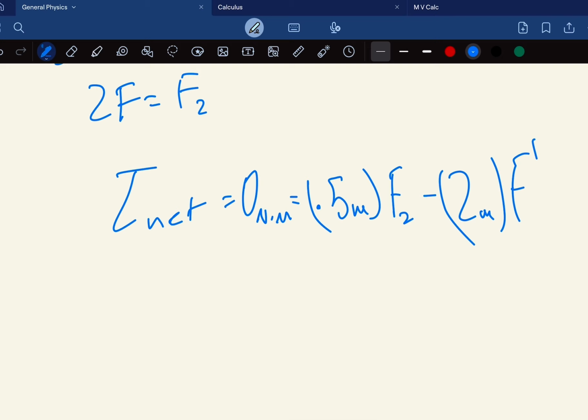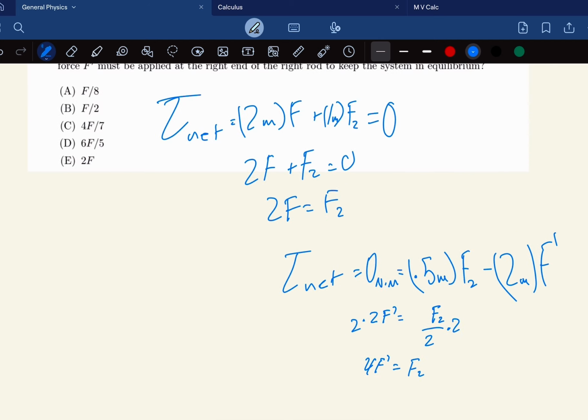And when you add 2F prime to both sides, you get 2F prime is equal to 0.5 F2, which is basically just F2 over 2. So when you multiply this by 2 and then this by 2, you get 4F prime is equal to F2. And up here we had that 2F is equal to F2.